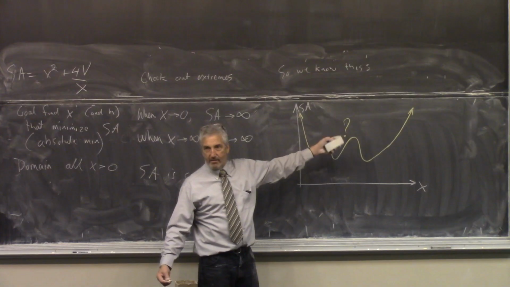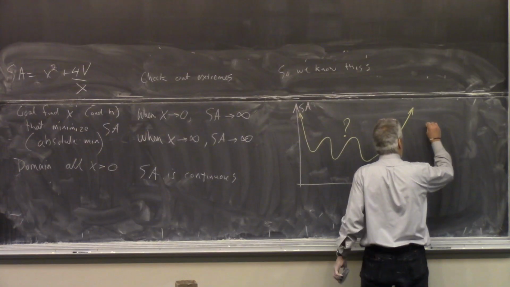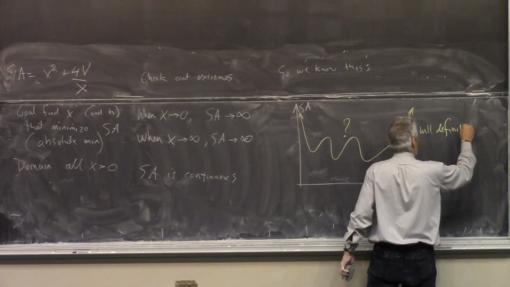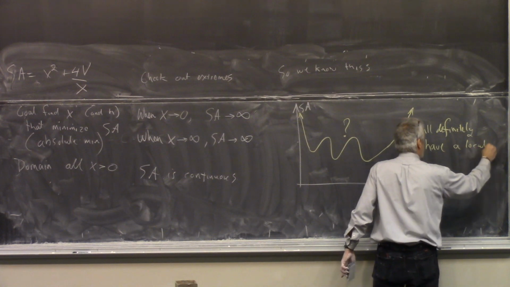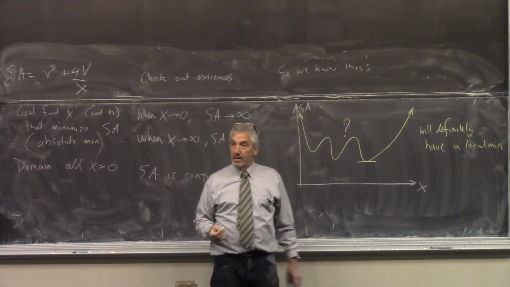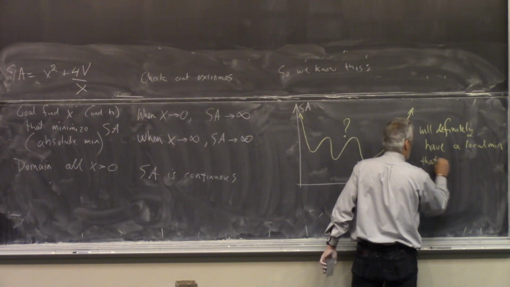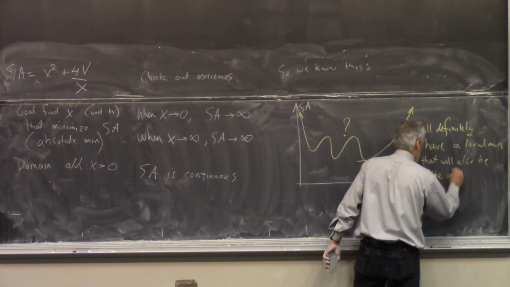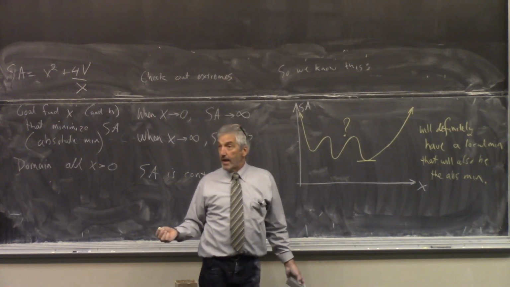There might be some local maxes, but there's definitely going to be a local min and an absolute min. So it'll have a local min that is also the absolute min. It's going to have a low spot. It may have some local maxes, but it's not going to have an absolute max.